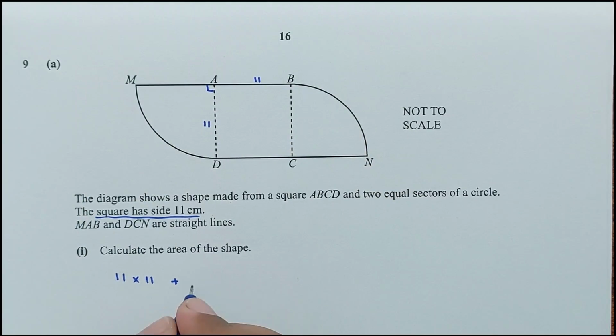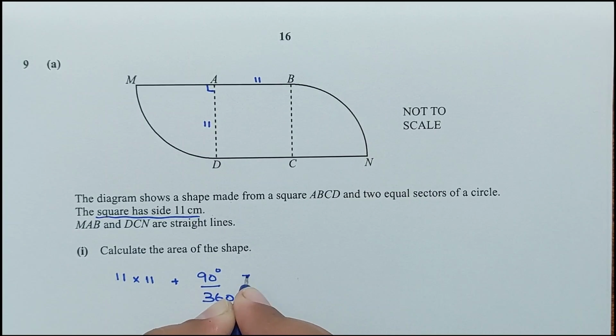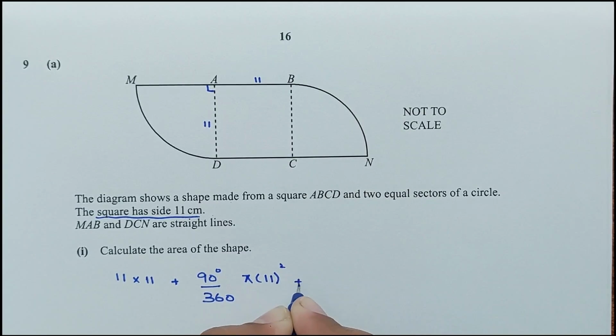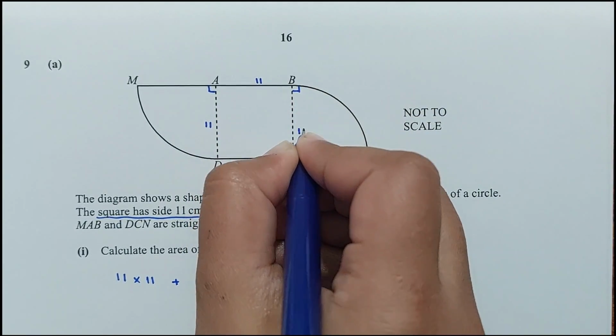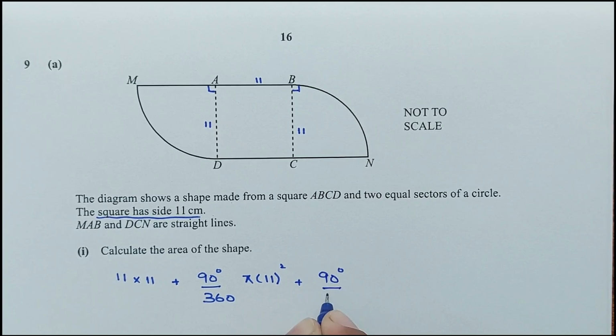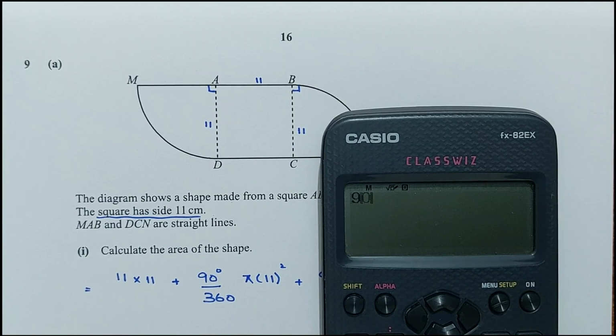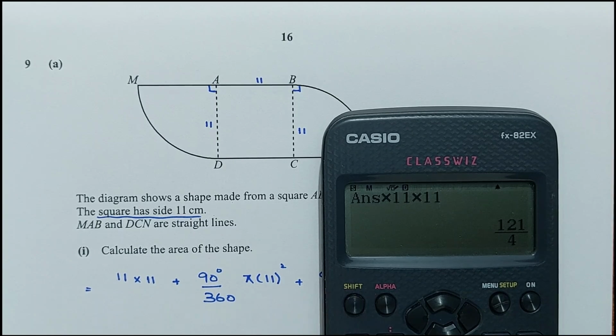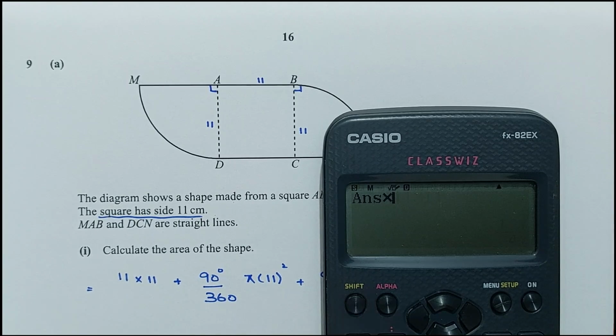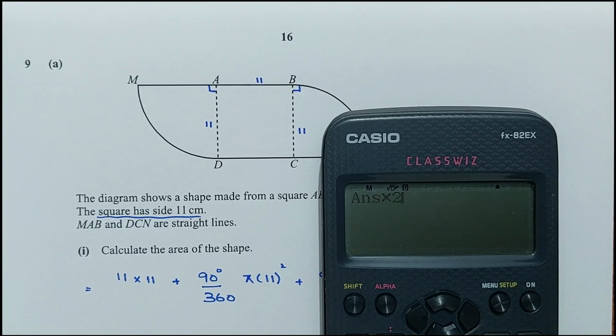Area of a sector of a circle is theta over 360 times pi r squared. 90 over 360 is 1 by 4 times 11 times 11, so 121 out of 4 times pi, times 2 since it's twice.